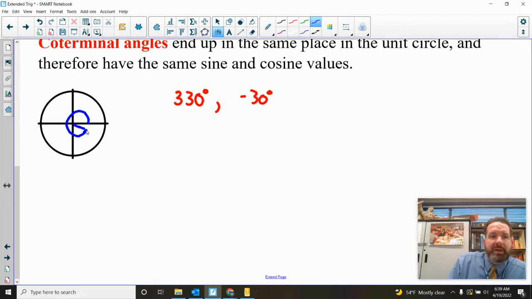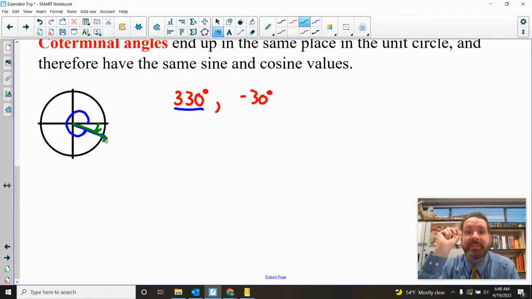So it's going to be right about here. This is the terminal side of this 330 degree angle. So I went 330 degrees around, leaving 30 left over that I haven't covered yet. Now a negative 30 degree angle would look like this. You'd start in the same place, you'd go 30 degrees in the other direction, and lo and behold, you'd end up in the same spot.